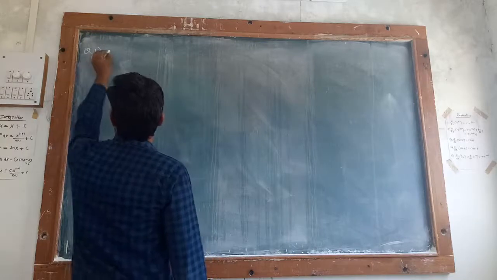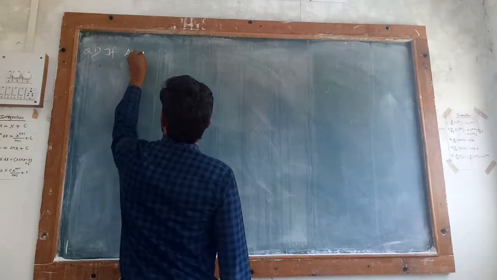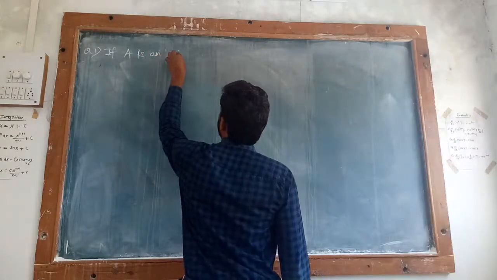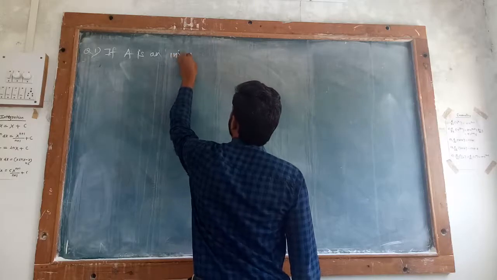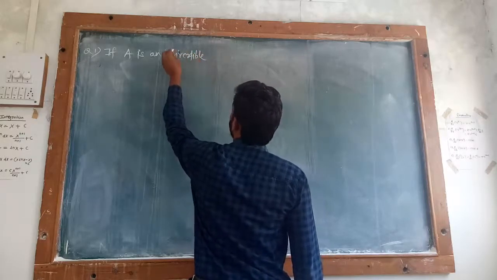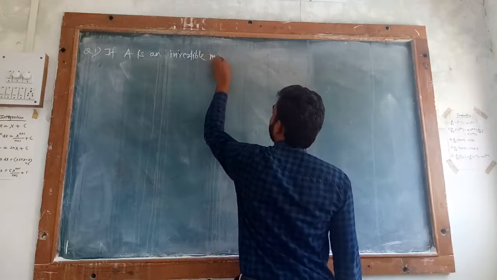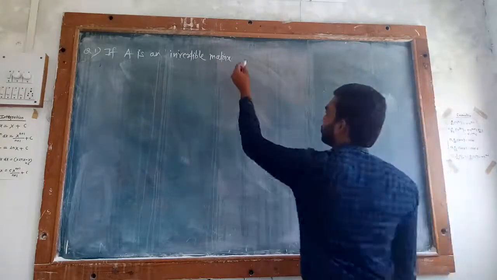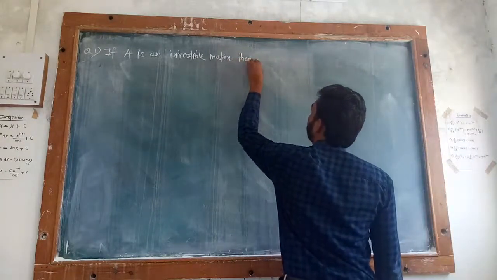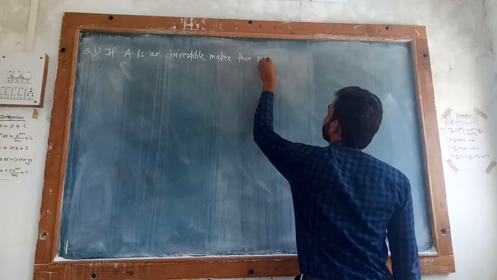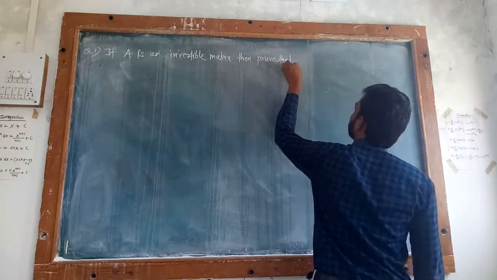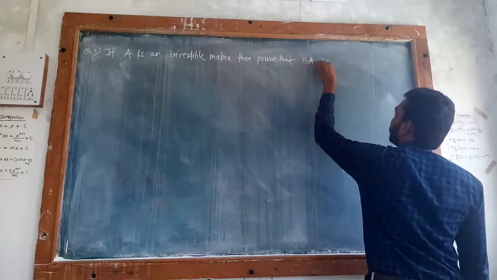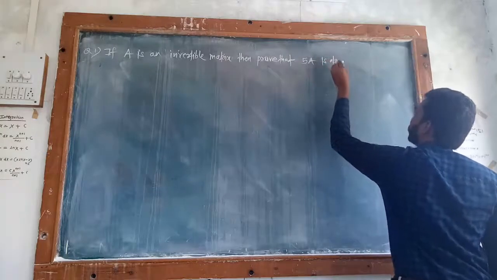Question: if A is an invertible matrix, then prove that 5A is also an invertible matrix.